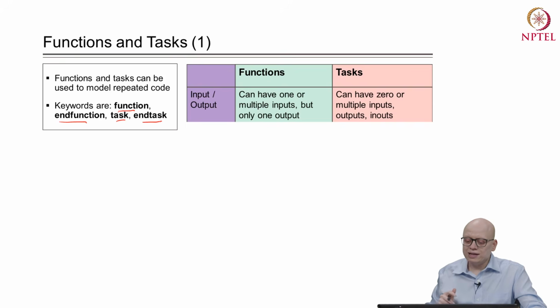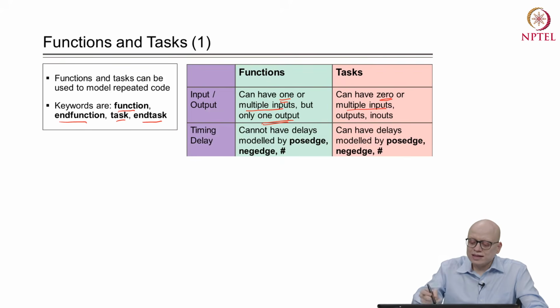A function can have one or multiple inputs, at least one, and it should produce only one output, while a task can have 0 or multiple inputs, and it can also have 0 or multiple outputs or inouts.